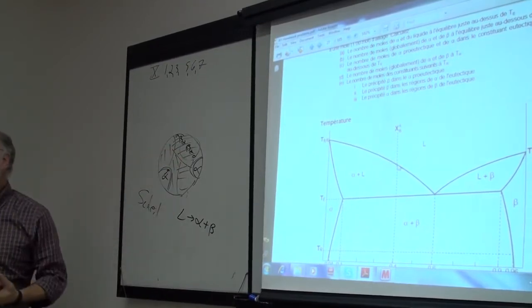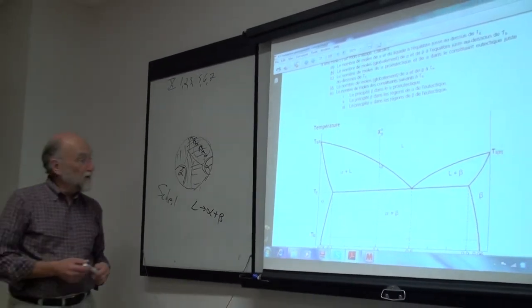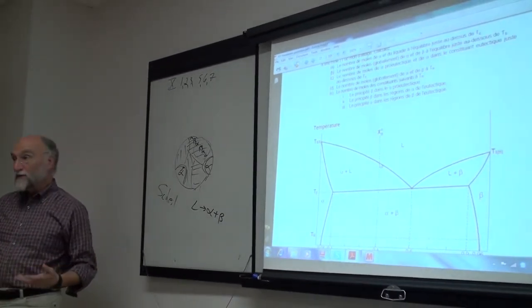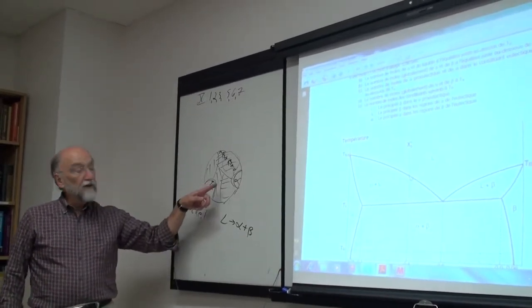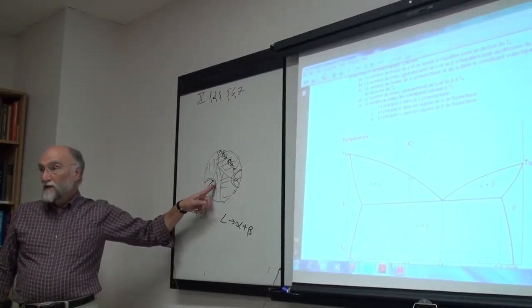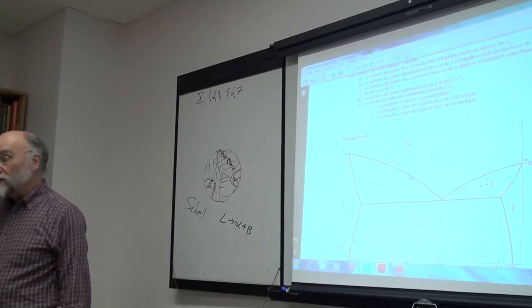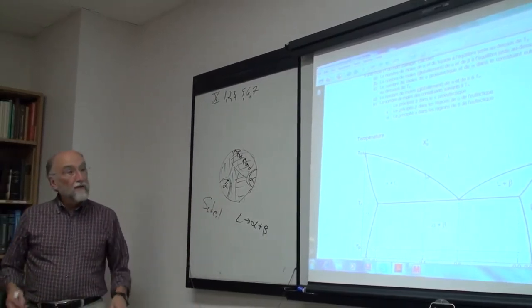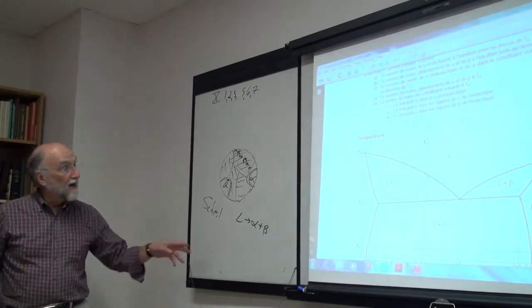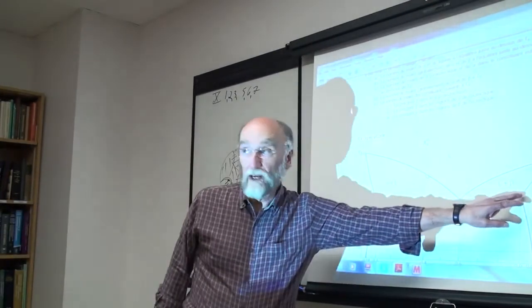That's what you see under a microscope. The microstructural constituents are the primary alpha phase and the eutectic. Some people say eutectic phase, but thermodynamically it's not a phase, it's a two-phase mixture. The thermodynamic phases are alpha and beta.